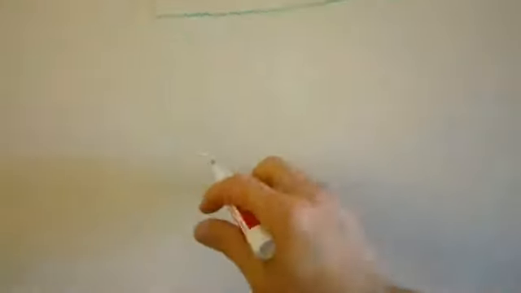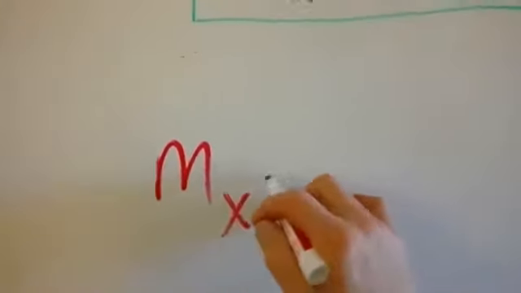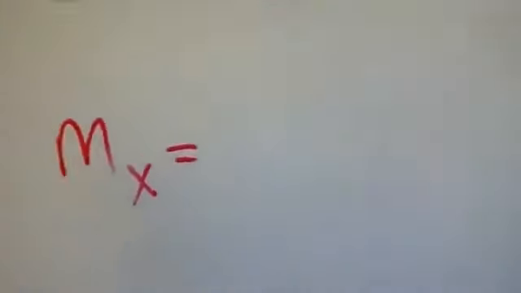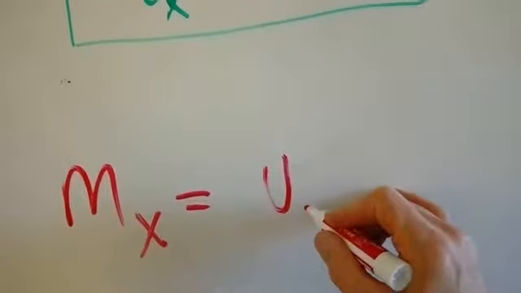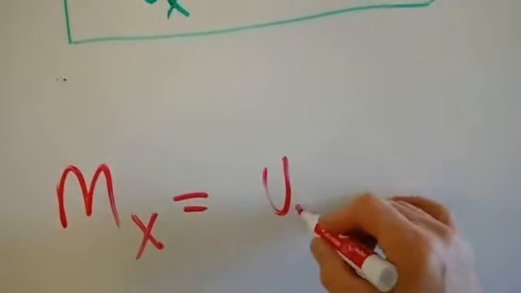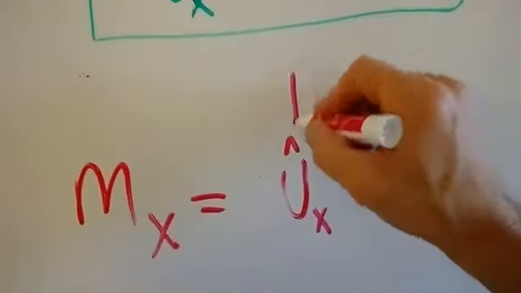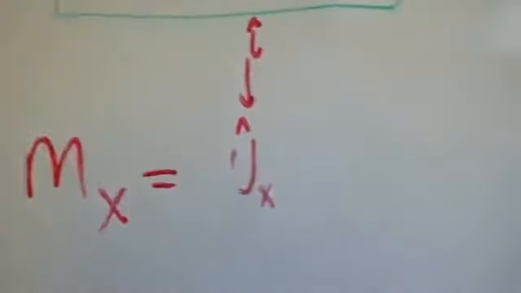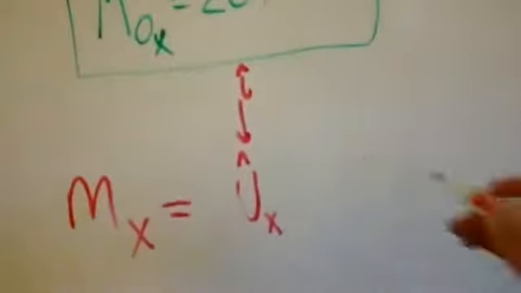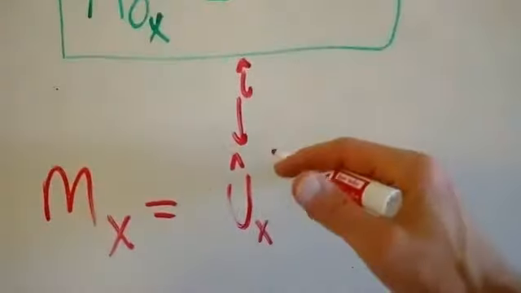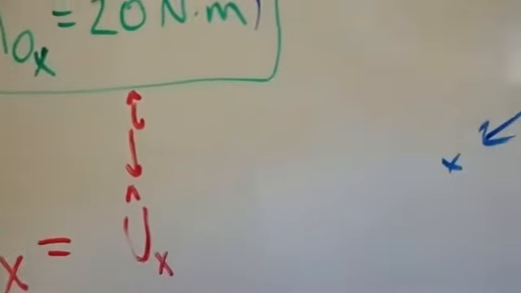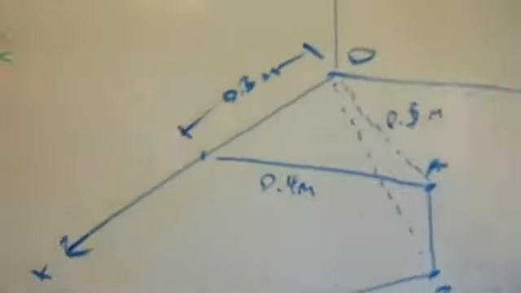M_x is the unit vector, which we'll call u_x, but we know that u_x is just i, right? It's the unit vector in the direction of your axis, and in this problem, the axis is the x-axis. The next problem is, where's the other axis? It's the OA axis, right?